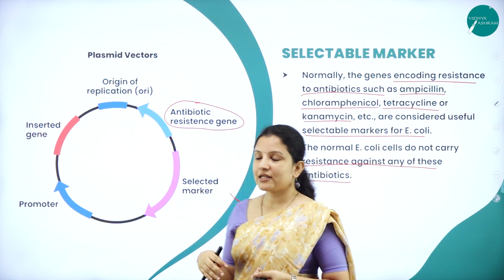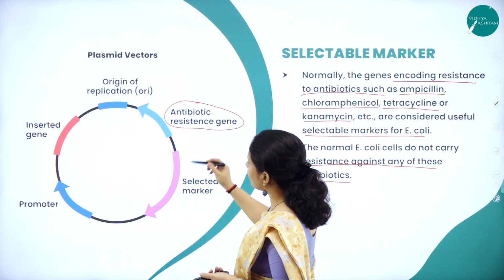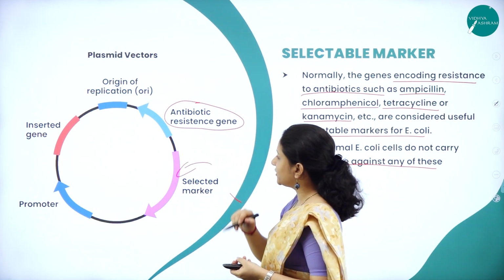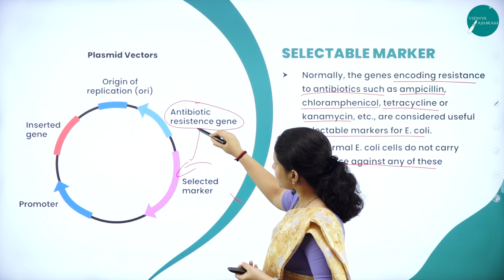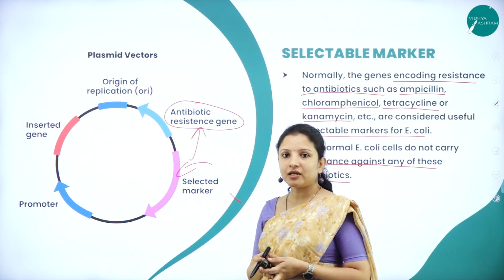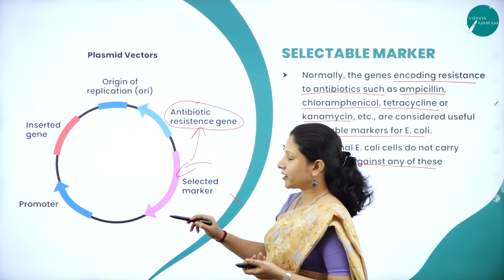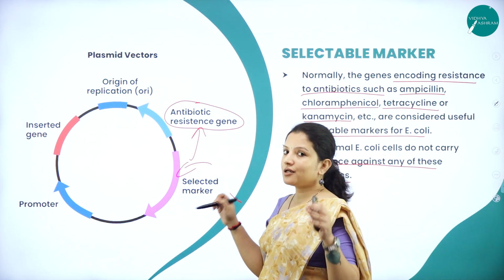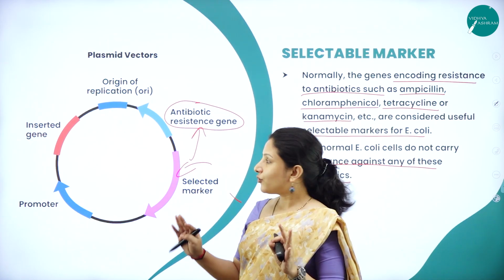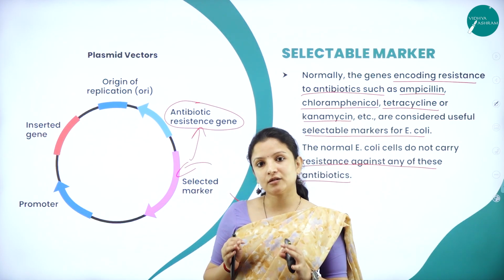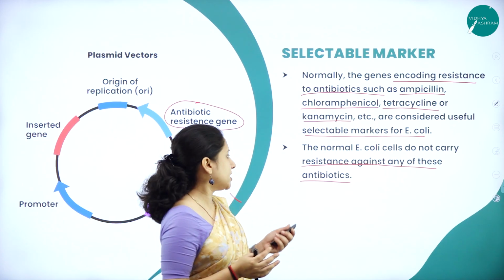Because they do not carry any such genes, we will be the ones introducing the gene that shows resistance to the particular antibiotic. That gene is called a selectable marker, and this selectable marker will choose only those vectors which have transformants, and those having non-transformants will be eliminated.